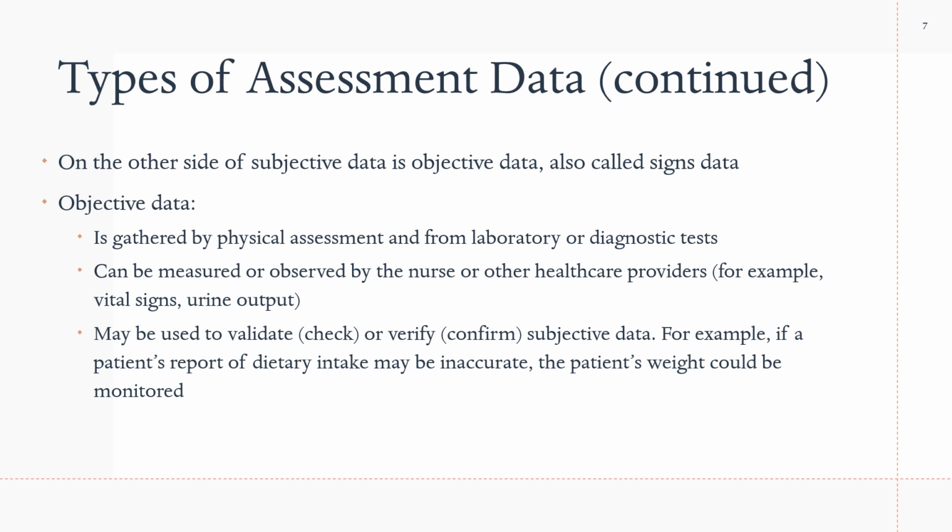Objective data may also be used to validate. Validate means check or verify. Verify means confirm subjective data. For example, if a patient's report of dietary intake may be inaccurate, the patient's weight could be monitored. My patient comes into the clinic and says they have been following their low sodium diet, their low fat diet, and taking a 15-minute walk every day.